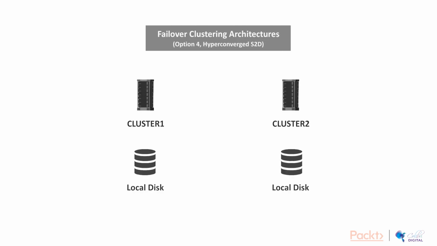Now, option 4 here is the first of the two options, what we call a hyper-converged Storage Spaces Direct implementation. In this configuration, we have a set of hosts that are themselves attached not to a single piece of storage, not to a single disk that exists out on some remote SAN, but rather to a set of local disks.